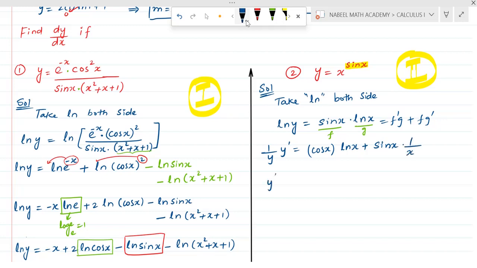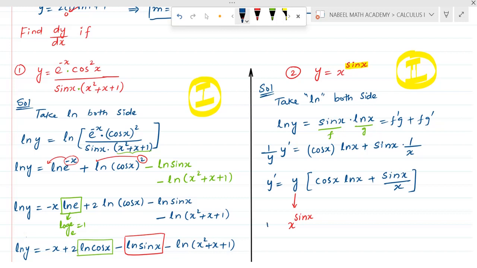Now when I multiply here by y, there are no simplifications, just multiply. So here it is cosine x ln x plus sine x over x. And what is the next step? I have to replace the y. y equals the given question, that is x to the power sine x.